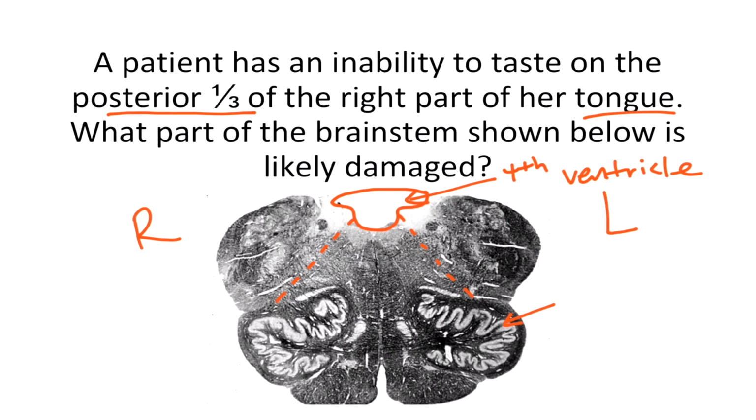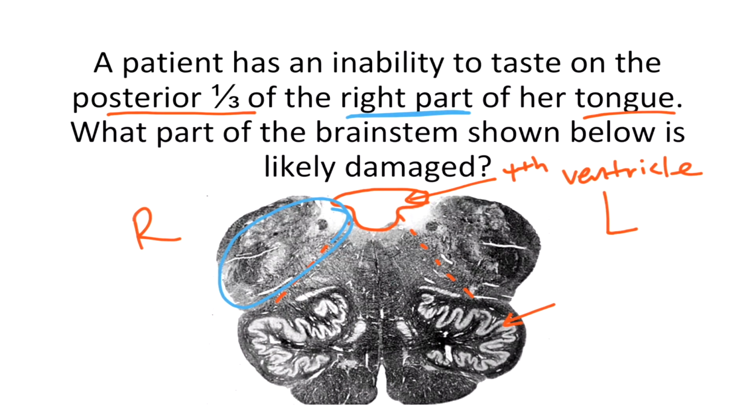This means the damaged nucleus must be somewhere in this region here. This is lateral to the sulcus limitans, and it's on the right part of the medulla. More important than knowing the exact location of the sulcus limitans is recognizing that the lateral aspect of the brainstem is responsible for processing cranial nerve sensory information.